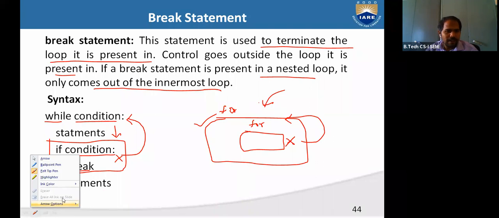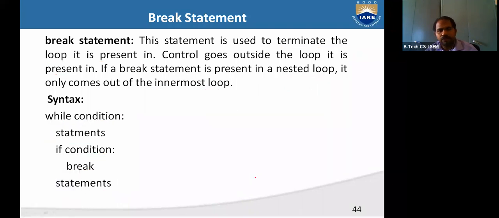Is it clear or not? If you use inner loops, it moves to the outer loop. If you have a while loop containing another loop, or a for loop containing another for loop, in this case, when the inner loop fails, it moves to the outer loop. But in this example, yes.